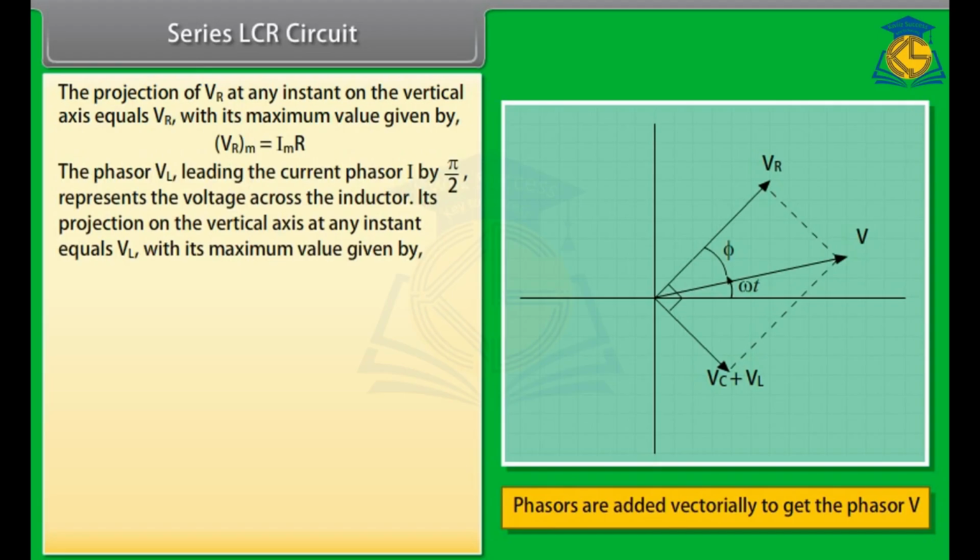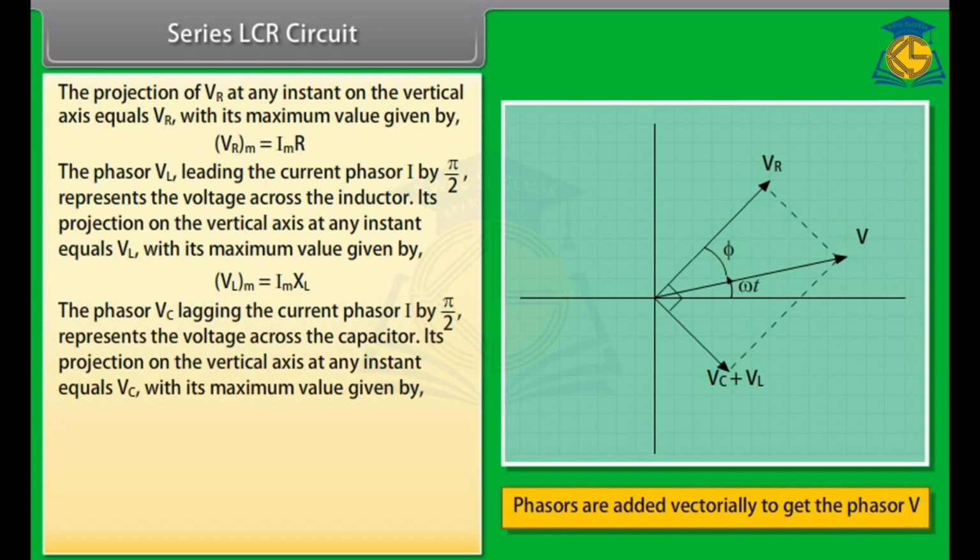The phasor VL leading the current phasor I by pi by 2 represents the voltage across the inductor. Its projection on the vertical axis at any instant equals VL, with its maximum value given by the product of Im and XL.